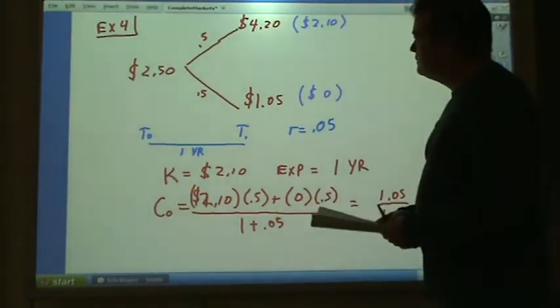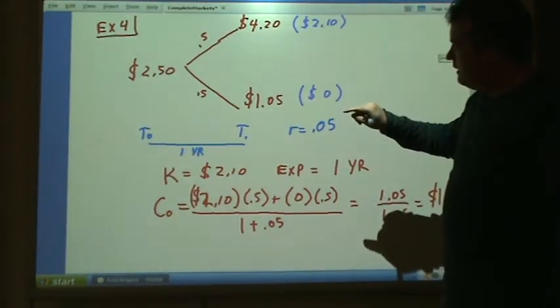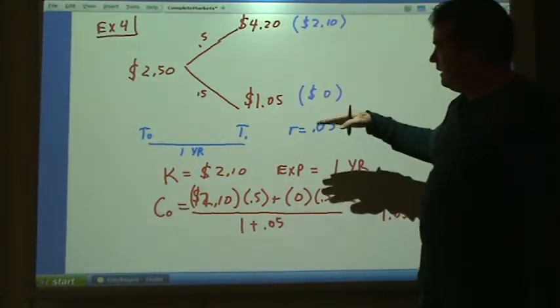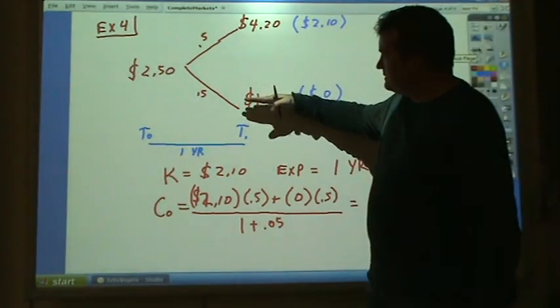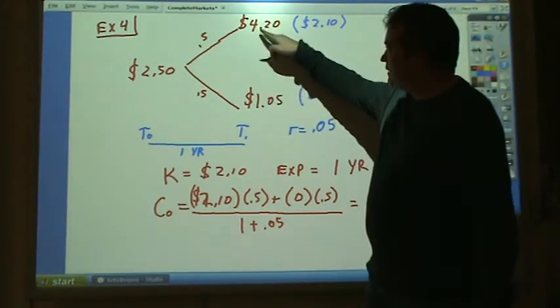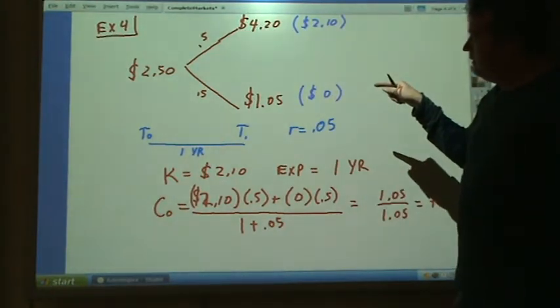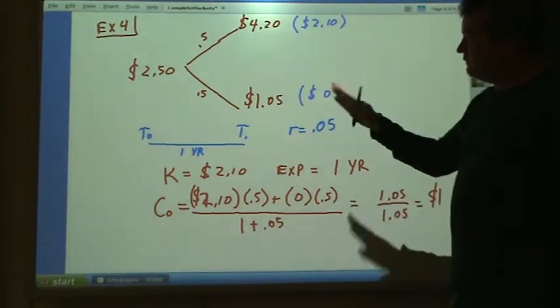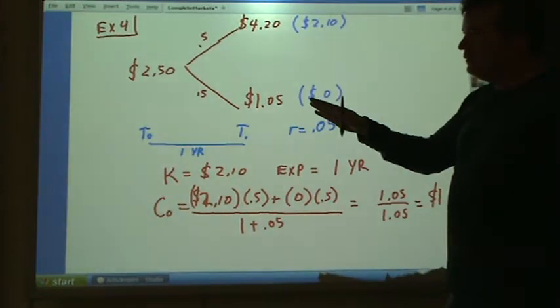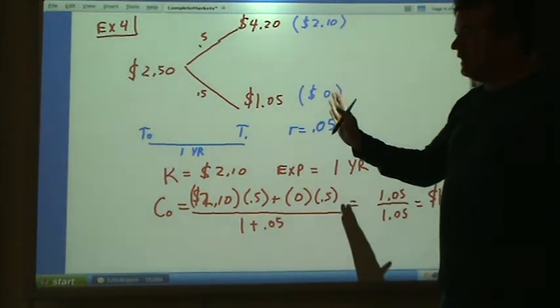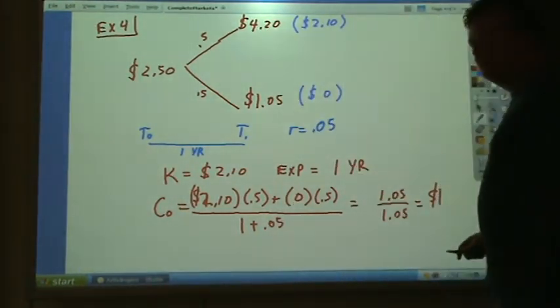A call says you get everything above 105. So if the price hits 105, you'll get 0. And if the price hits 420, you'll get 315. Half of 315, discounted back, would be $1.50.